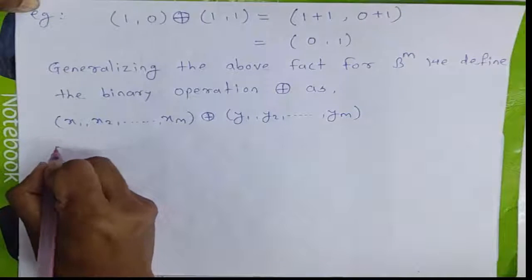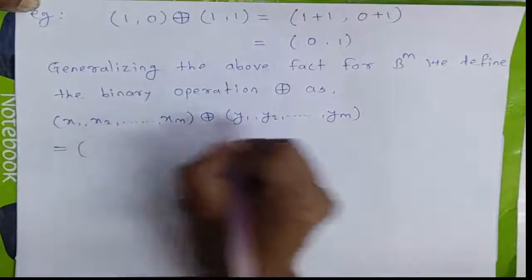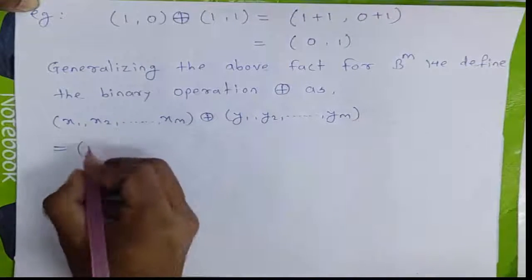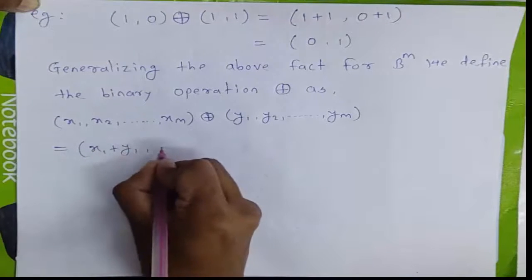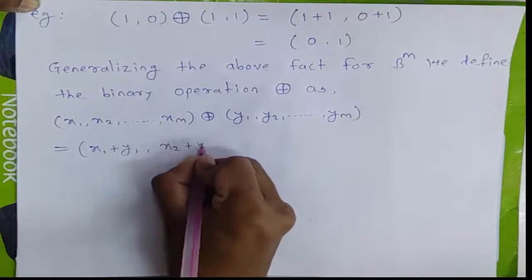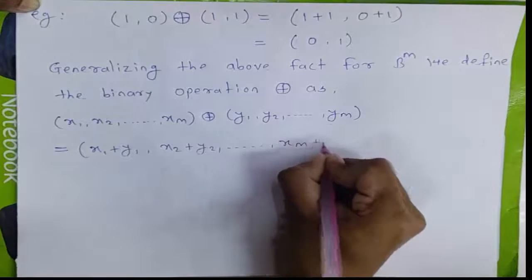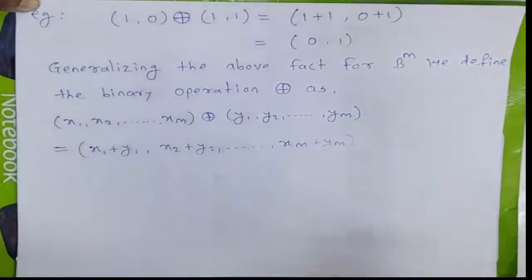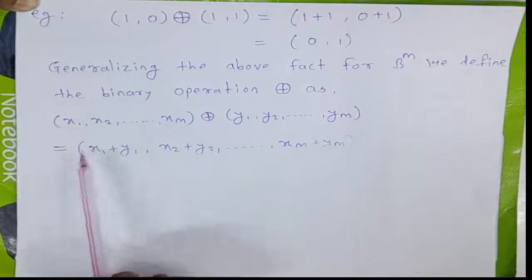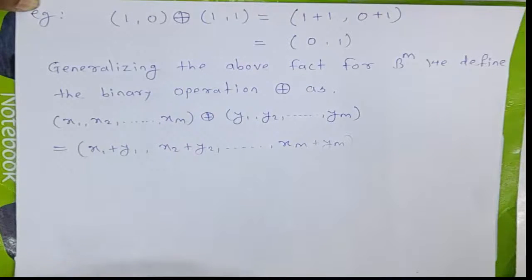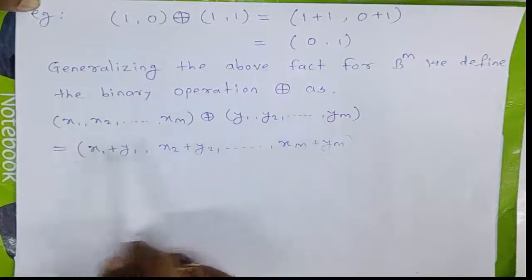Okay, so we get coordinate wise addition, that is x1 plus y1, x2 plus y2, so on up to xm plus ym. So here we get x1 plus y1, second element x2 plus y2, so on up to last element xm plus ym. Okay, so this is the generalization for B raised to m, and here we define the binary operation ring sum.